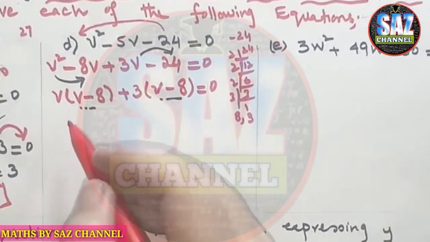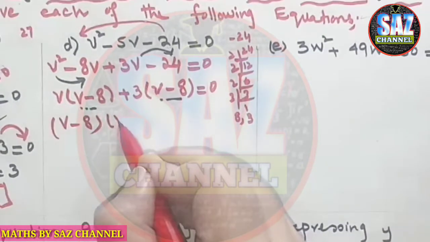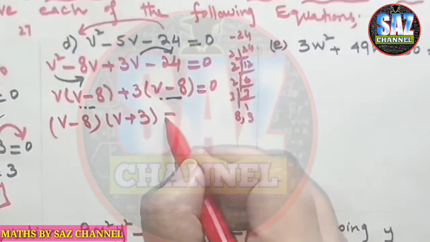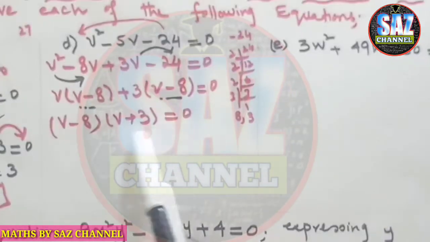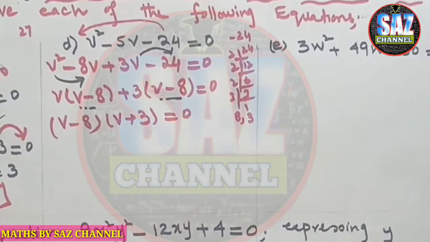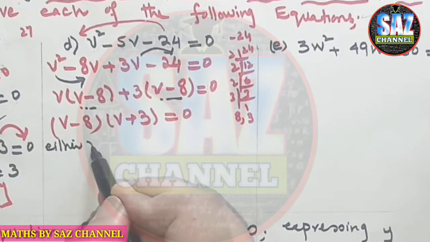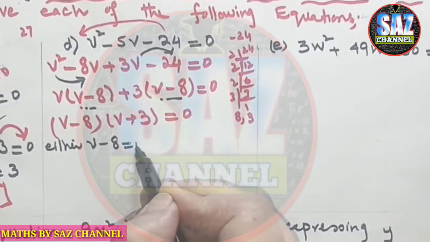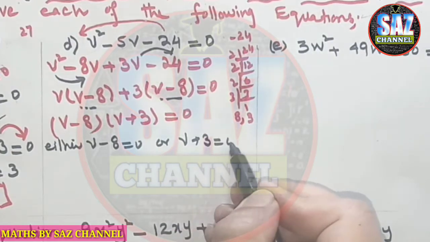Extract it out, and I will have v minus 8 into v plus 3 equals 0. Now my expression is expressed as the product of two terms. In order to get the solution, I have to apply the either-or condition: either v minus 8 equals 0 or v plus 3 equals 0.